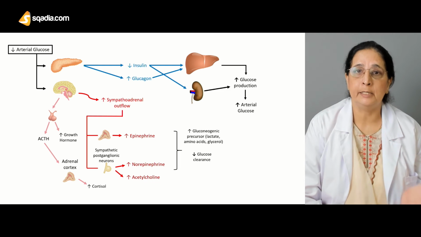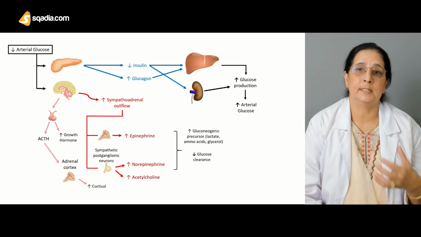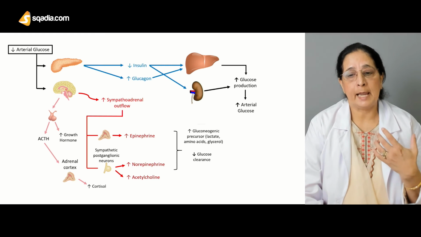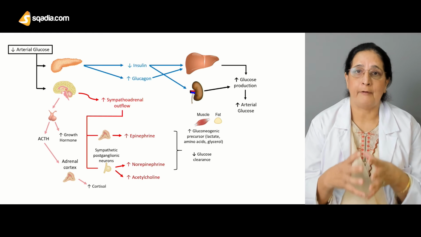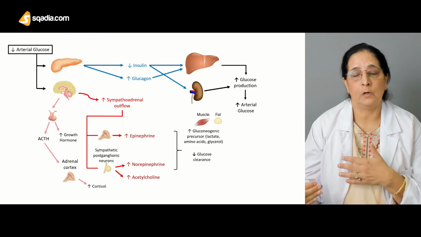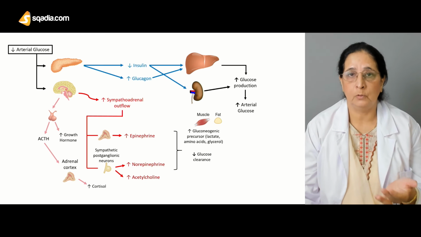They help in the gluconeogenic process. They produce the precursors that help in the production of glucose, and they act on the muscle and fat for the production of glucose. So this ultimately causes increased production and increased blood glucose level.